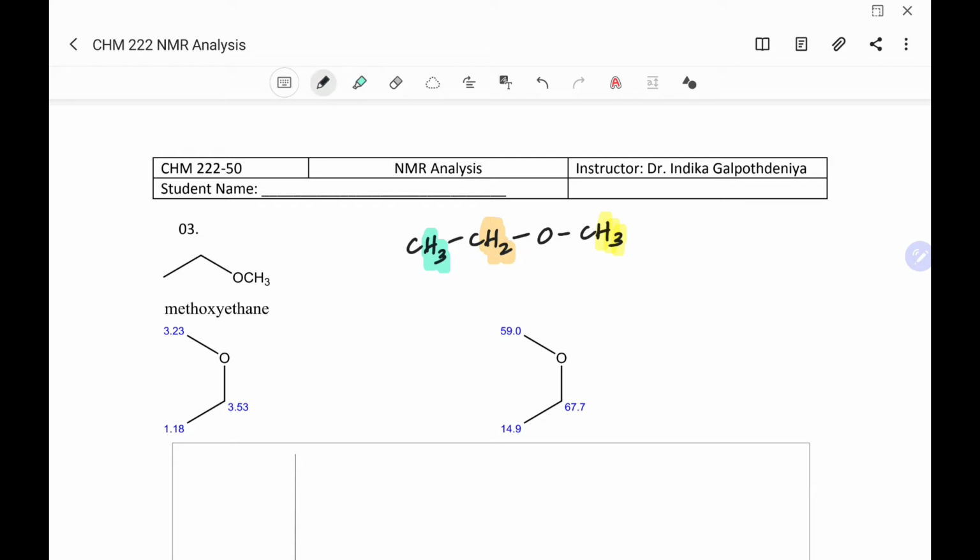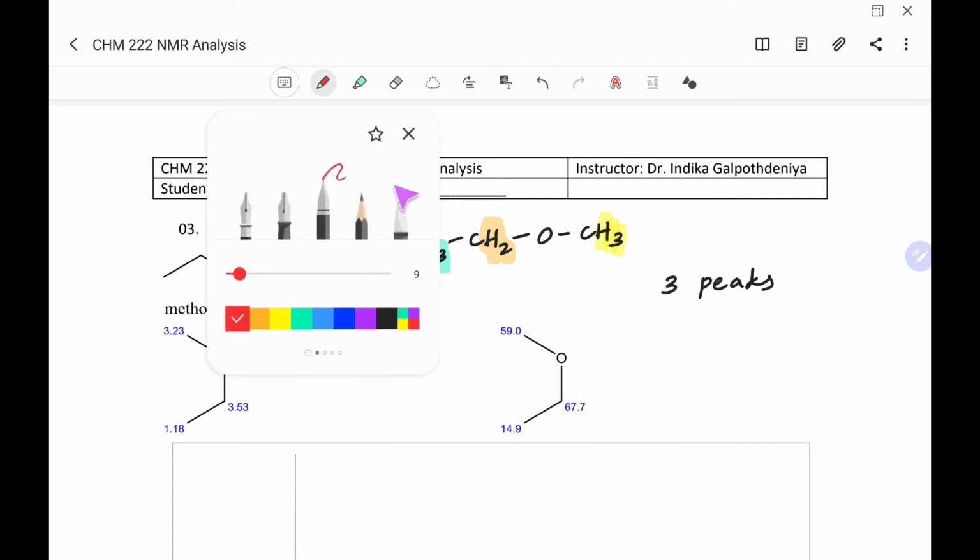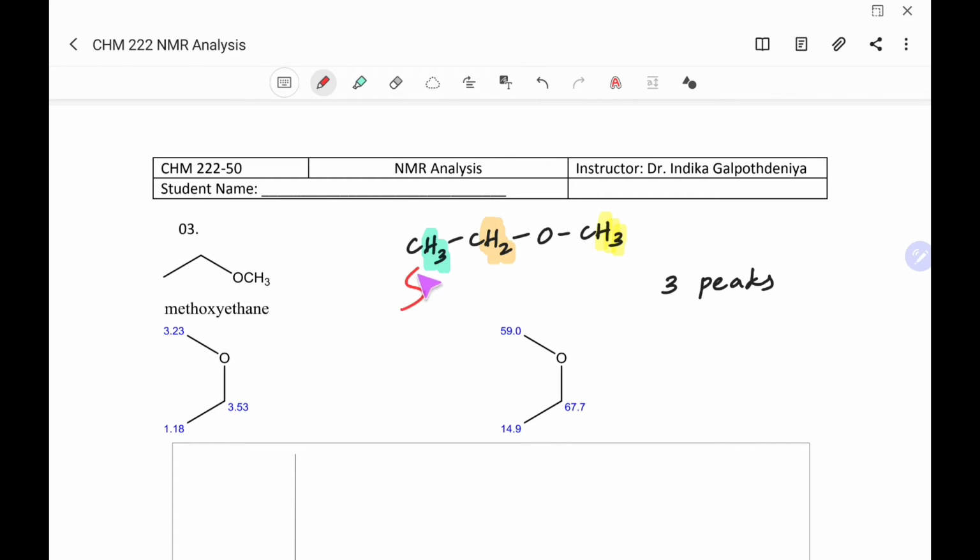Which means how many peaks are we expecting? We are expecting 3 peaks. And then where will the chemical shift be? Typically, alkane hydrogens have a chemical shift around 1 ppm, but these hydrogens have a different chemical shift than 1 ppm.